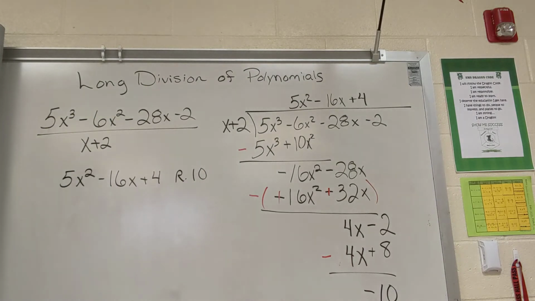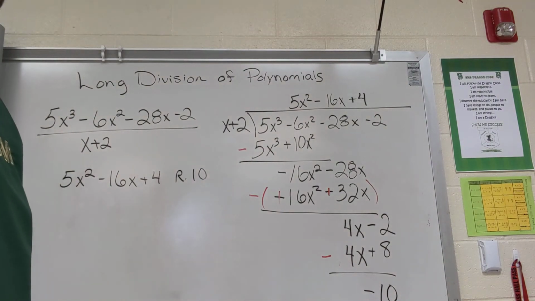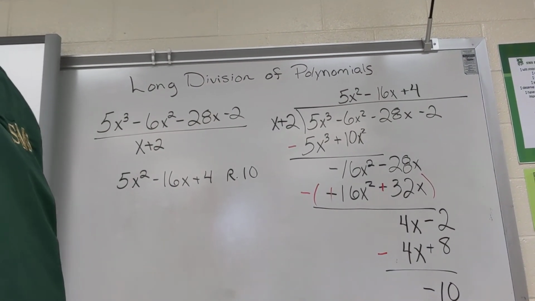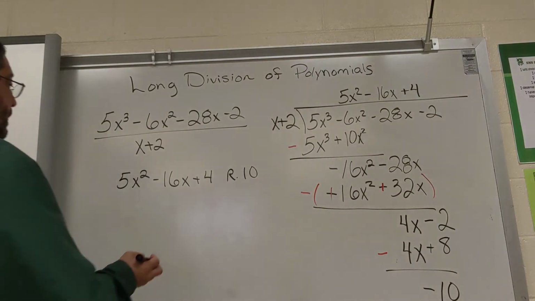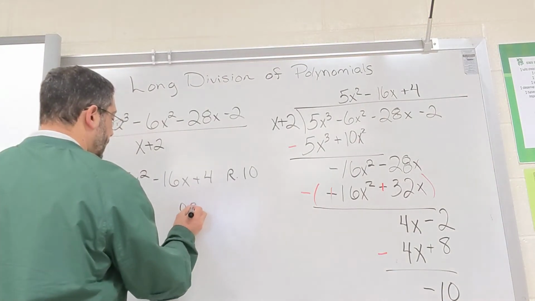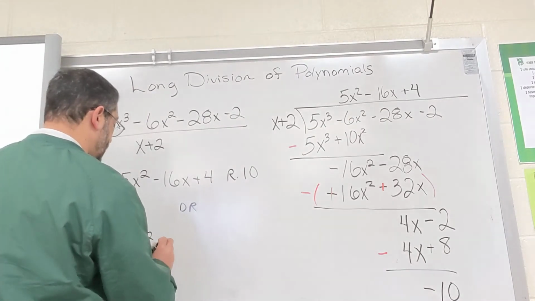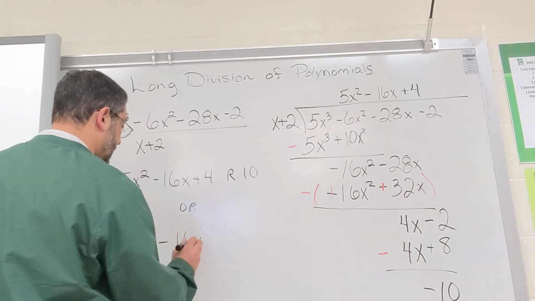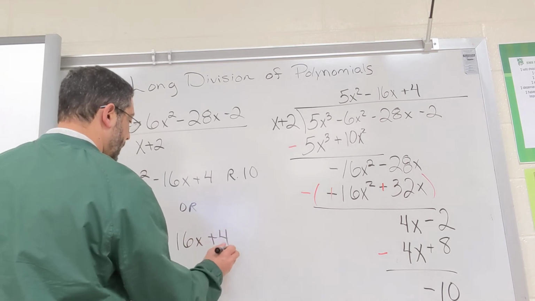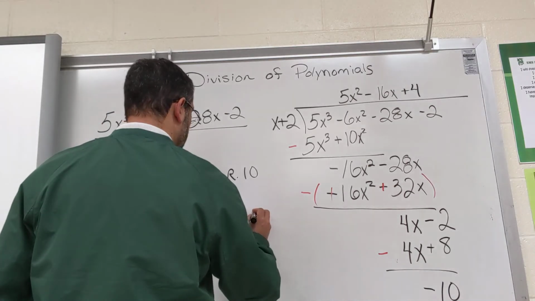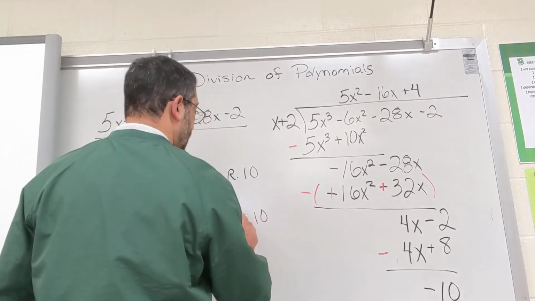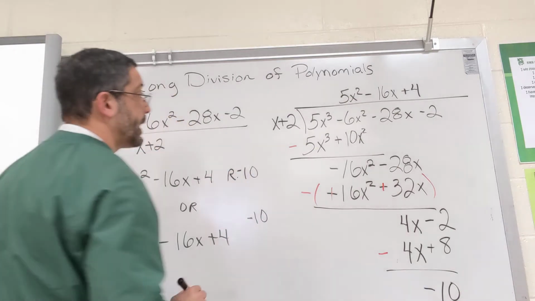All right, so hopefully you remember from your elementary school days how to do a remainder. You would just put r of negative 10, or you would have 5x squared minus 16x plus 4, and then your remainder would be the negative 10. Excuse me, that should be negative 10.